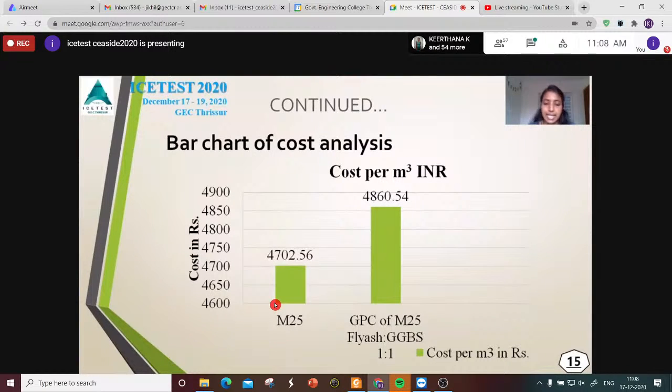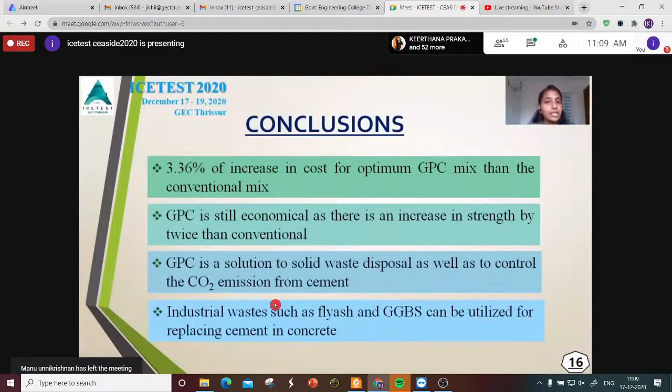And from this, we can see that the cost of GPC of M25 optimum mix is higher than that of the M25 conventional mix. So we can conclude that there is an increase of 3.36% of cost for the optimum GPC mix than the conventional mix.